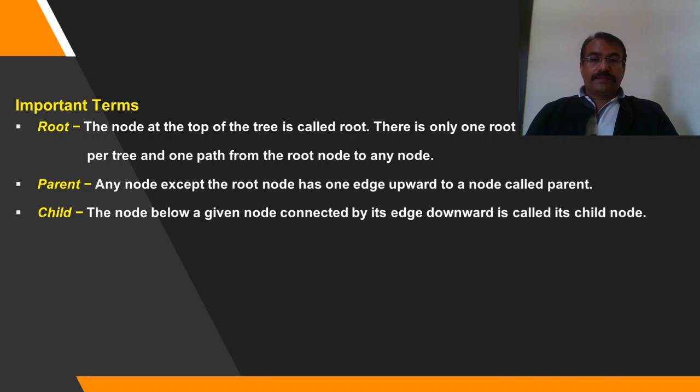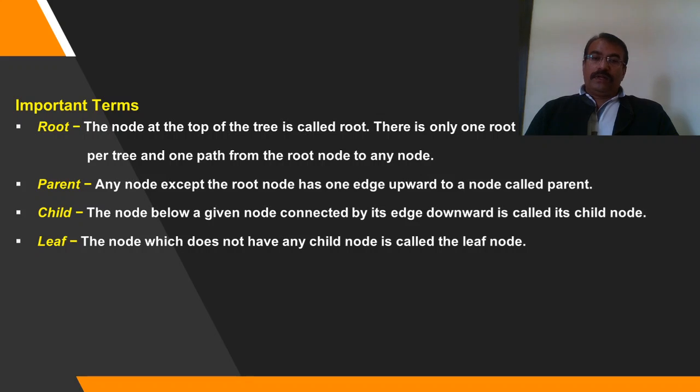And child, the node below a given node, connected to its edge downwards, is called a child node. Means if it is connected to some node and is in a lower hierarchical level, then it is a child node. Leaf node, as I already told, which doesn't have any child, is a leaf node, the last node in the hierarchy.